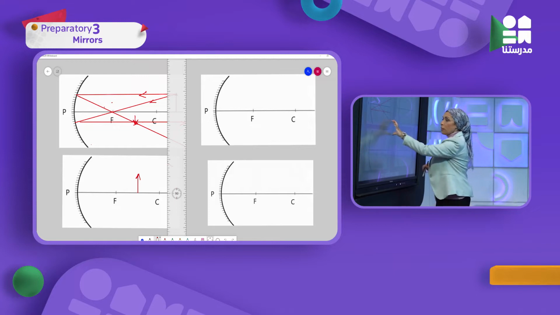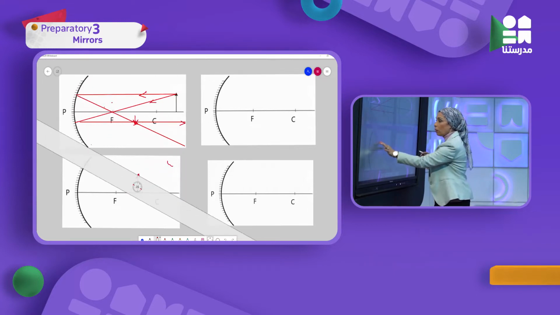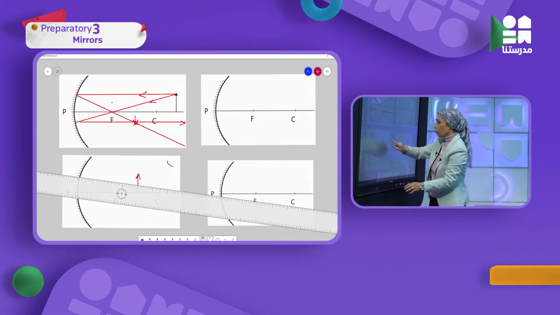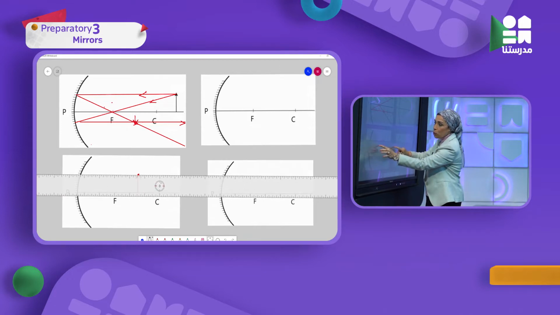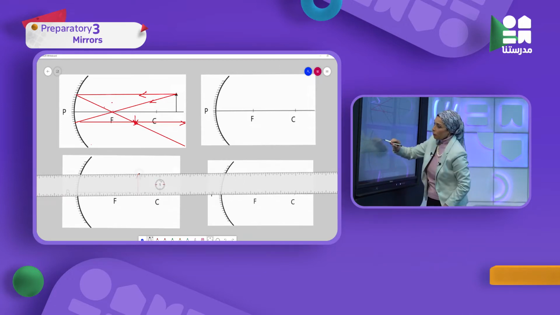Then first we adjust the ruler and start with the first ray, parallel to the principal axis. As I said before, you have to reach the reflecting surface.